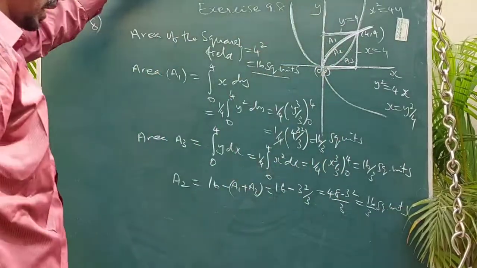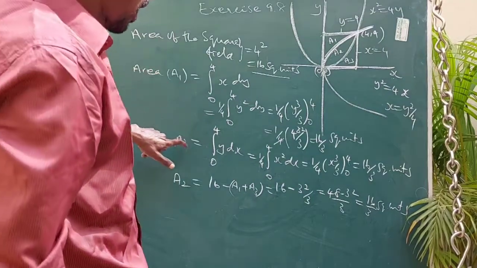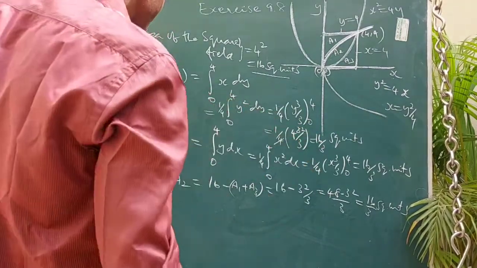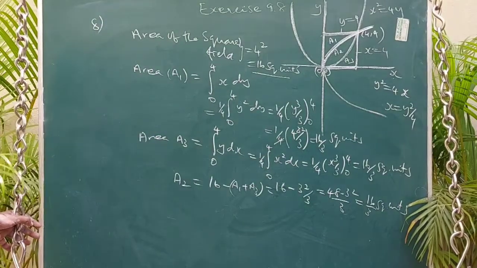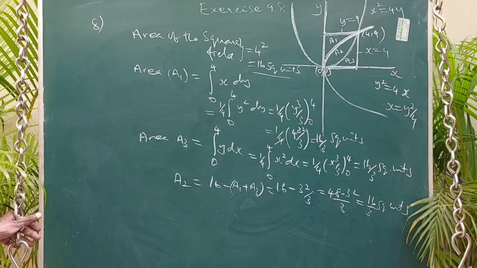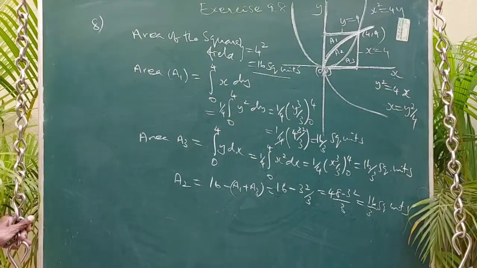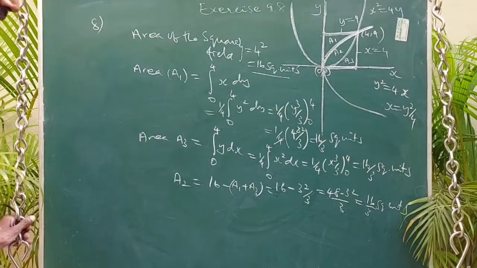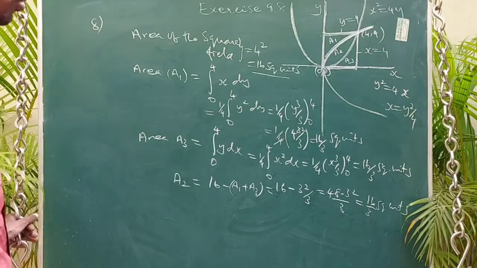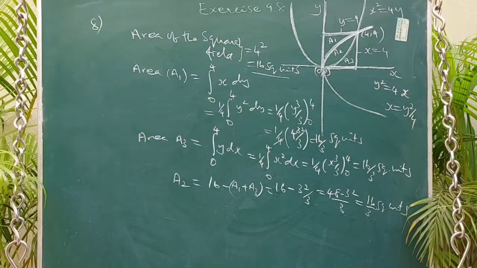So we are getting the 3 equal portions, A1, A2, A3, all equal to 16 by 3. So here we have to write, the question is it possible to divide? Yes, it is possible to divide. Then the question is to find the area to be divided among them: all are 16 by 3 square units area. That is the answer for question number 8.